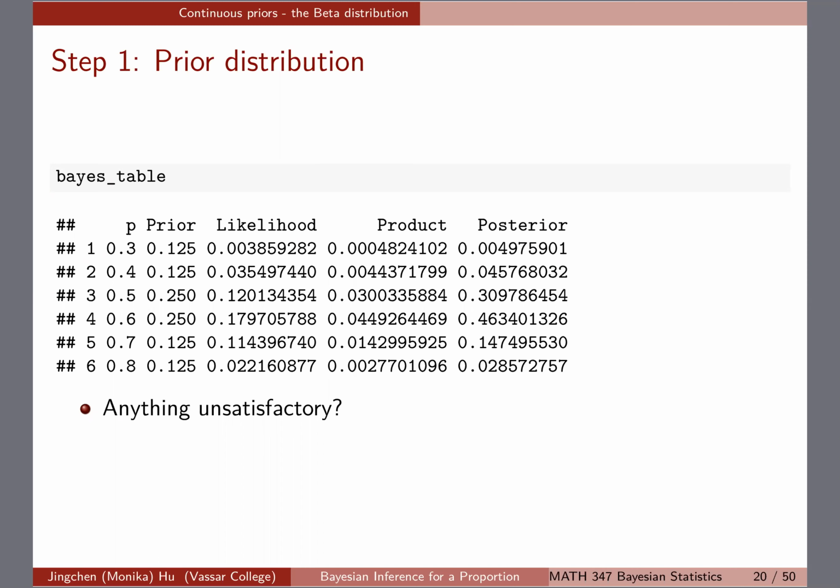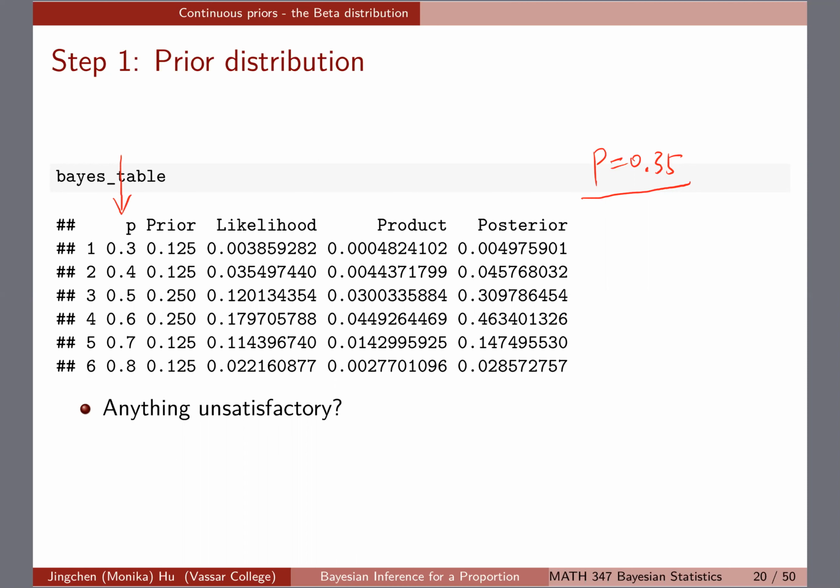You said it doesn't really capture all of the possible values because, for instance, we can't really talk about 0.35 or numbers that are not included in our finite set. Exactly. Just by looking at the table, as well as going through the Bayes rule step by step, you notice that if a particular value of p was not specified in your prior, it would never appear, right?